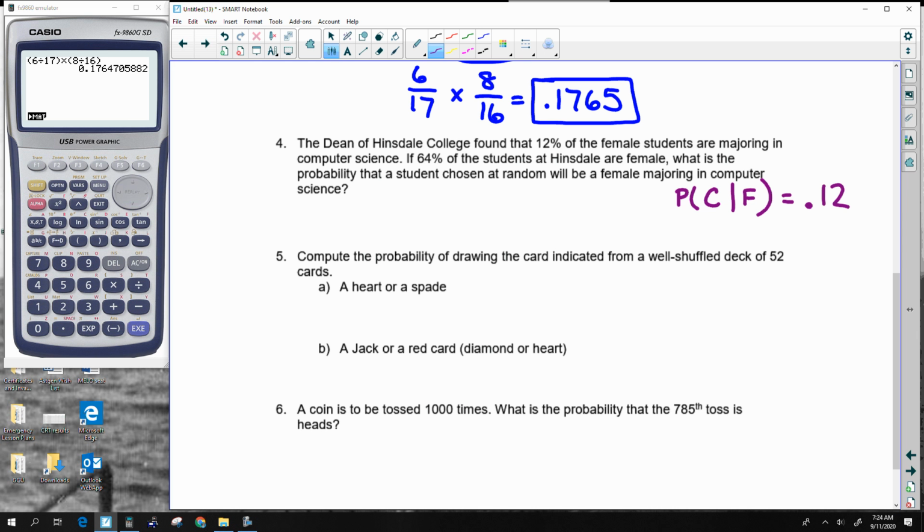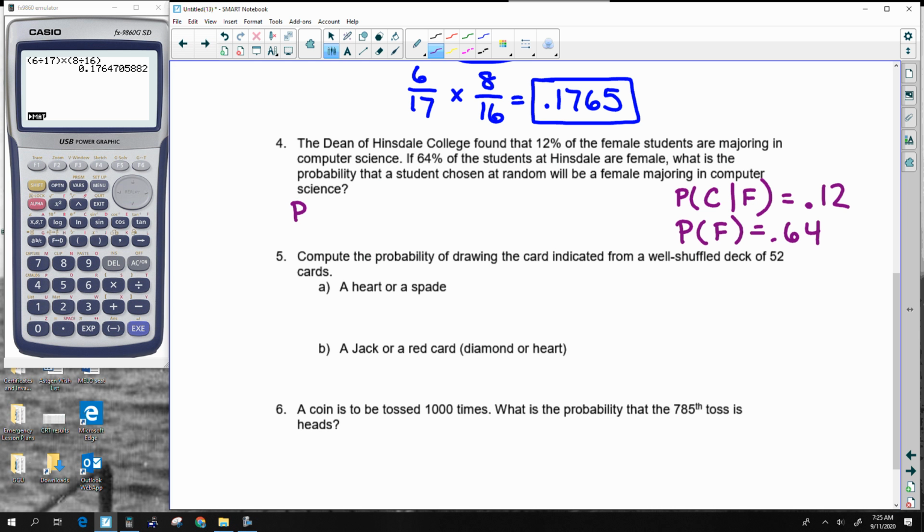If 64% of the students are female, so the probability of just generally being a female is 64%. What is the probability that a student chosen at random will be a female majoring in computer science? So a female and computer science.